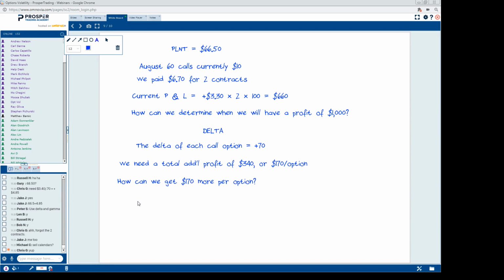Okay, so the equation would be we need $170. We have a 70 delta option. So 170 divided by 70 is a move in the stock of roughly $2.43. So this $2.43 is the move in the stock we need.